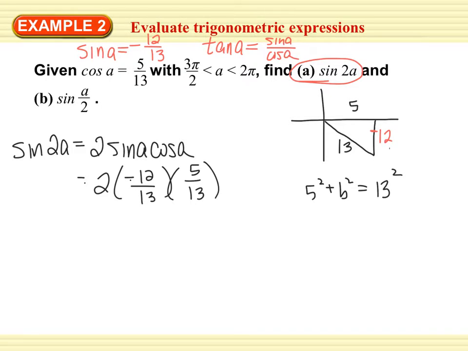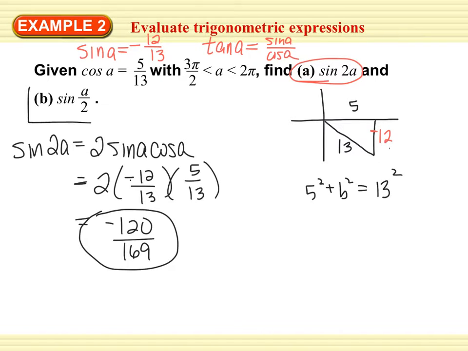Well, I'm just going to multiply now. This is exciting. 2 times 12 times 5, because it's a fraction, so I multiply across the top. I get negative 120. And 13 squared, I think I know that one. Yep, 169. And that's actually my answer.